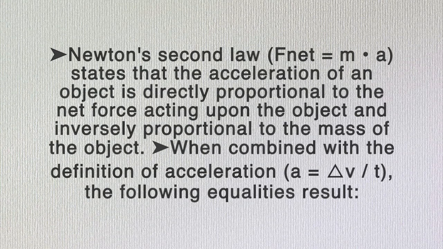Newton's second law states that the acceleration of an object is directly proportional to the net force acting upon the object and inversely proportional to the mass of the object. When combined with the definition of acceleration, the following equalities result.